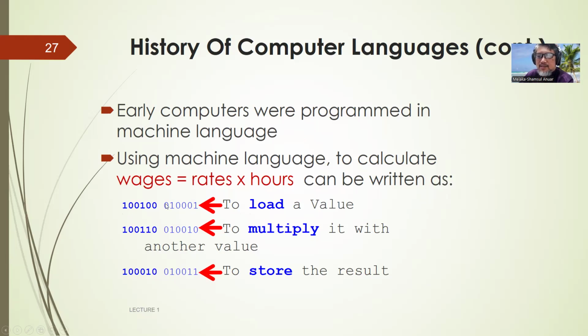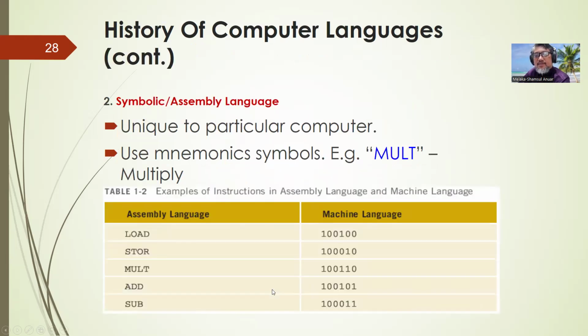And this instruction will load the value. The next instruction will do the multiplication, and then the next one is for storing the result. So definitely it's not something that we can understand.